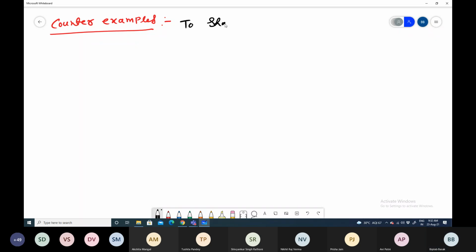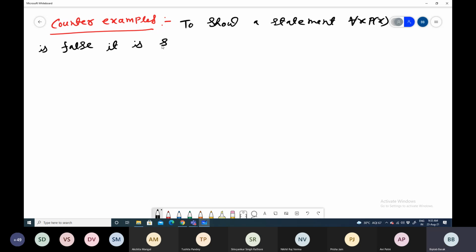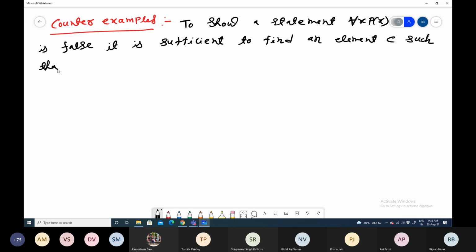That means there will be some specific theorems which can be proved by counter examples. To show a statement of the form for all x P(x) is false, it is sufficient to find one element c such that P(c) is false.